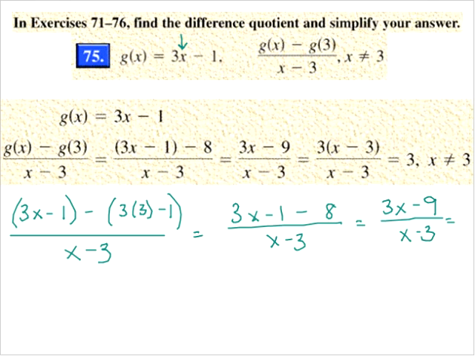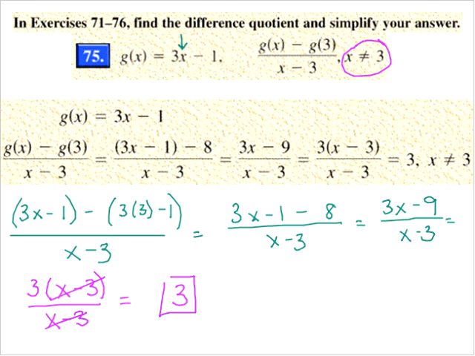I can factor out a 3 in the numerator, and I'm going to switch colors here so we can see that. I still have an x minus 3 in the denominator. I have an x minus 3 and an x minus 3, the same, so we just have 3. And we do have a restriction there: x cannot equal 3, because that would give us 0 in the denominator. So 3 would be our answer for 75.